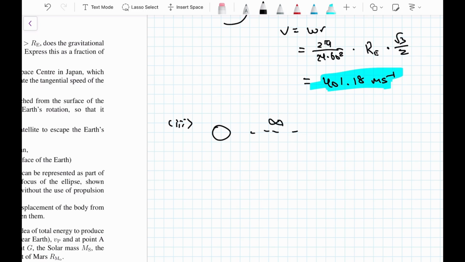At this point, in order to minimize the velocity required for the escape speed, the KE is equal to 0. Because it escaped the gravitational field, the gravitational potential energy is also equal to 0.